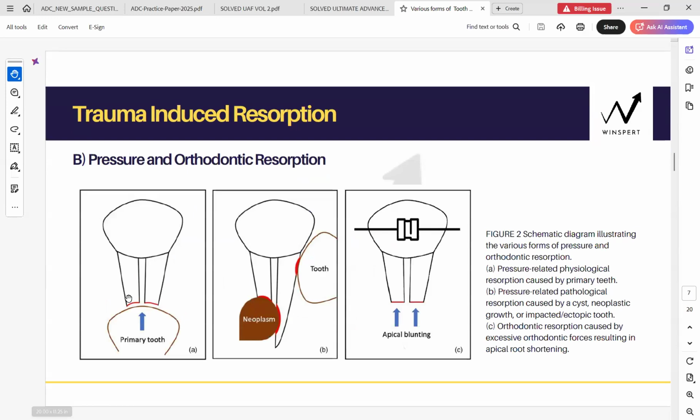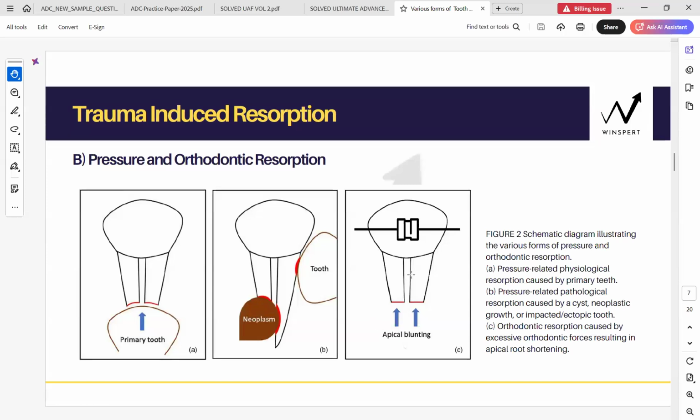So the first one here is the physiological one, where the primary tooth is putting forces on the developing permanent, or the permanent is putting forces on the primary tooth. Then this is the pathological kind, where an expansile tumor, cyst or neoplasm is putting extensive forces on the adjacent teeth, leading to resorptive forces and external resorption.